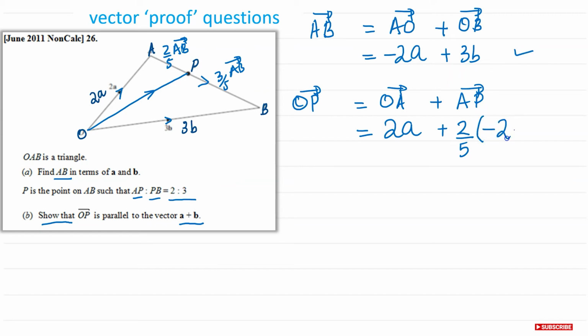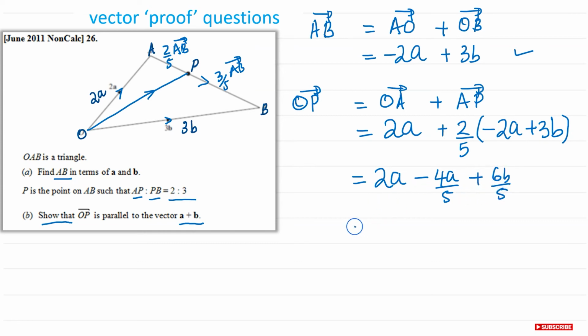Now let's expand this. We'll have 2A plus times negative, that's going to give you negative 4A over 5. And then plus 6B over 5.